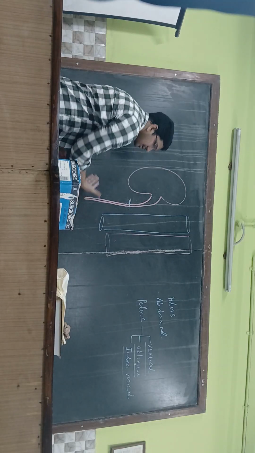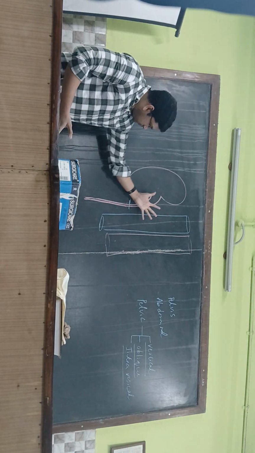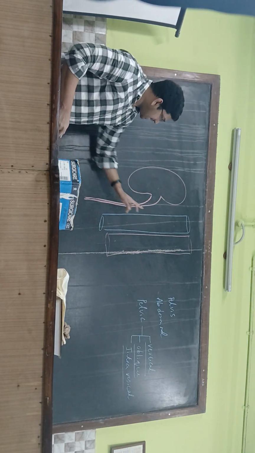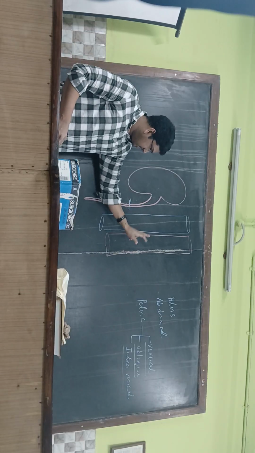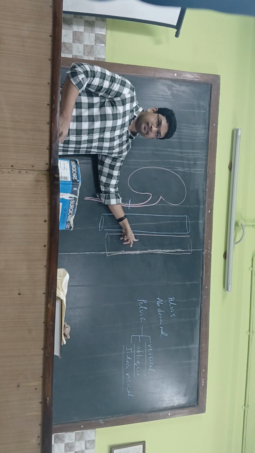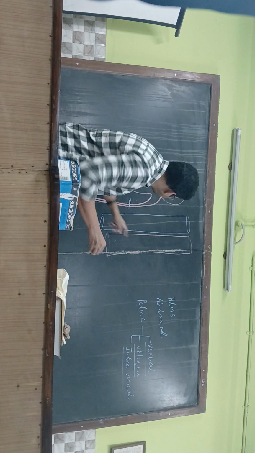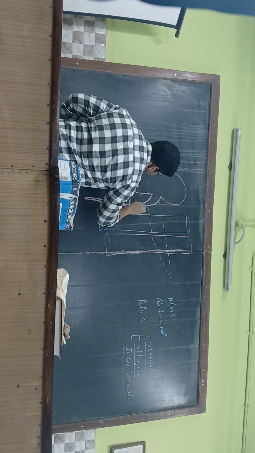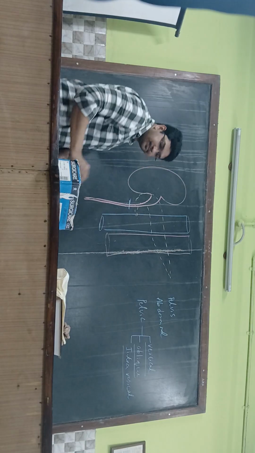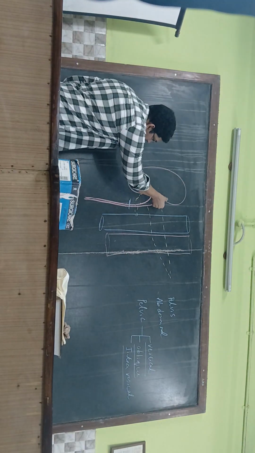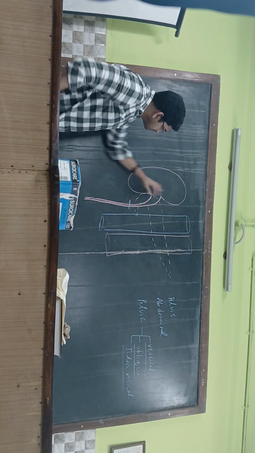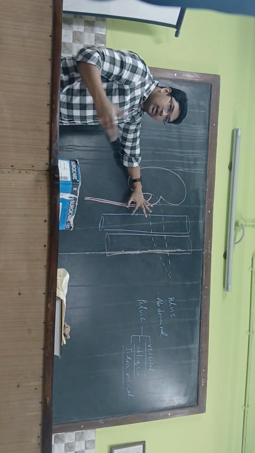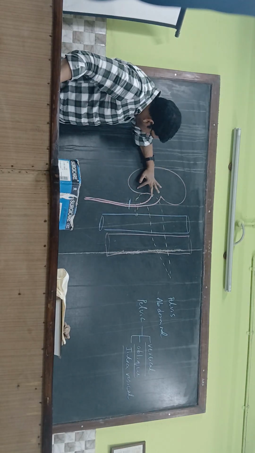Coming to the anterior relations, what structures can pass in front of the ureter? Think about the branches and tributaries of the inferior vena cava and the aorta. If you imagine the pancreas over here, around this pancreas there will be the duodenum.